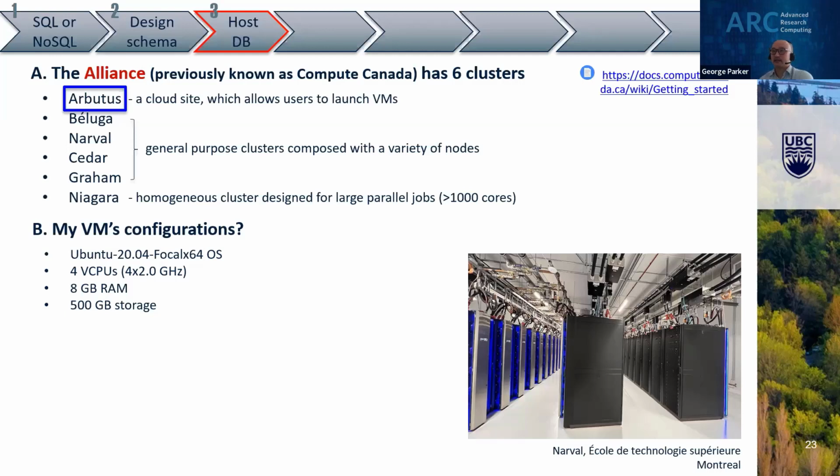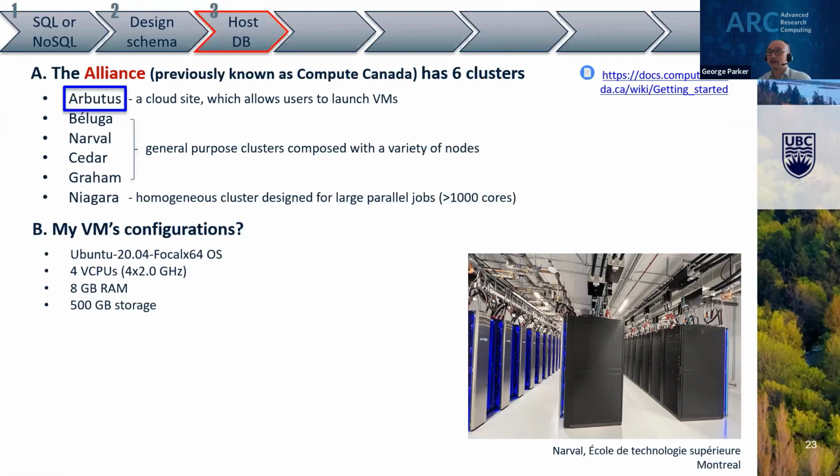And you may ask the question, hey, I don't know how many CPUs I want. I don't know how much RAM I want. I don't have any idea. I would recommend you start with 4 CPUs and 8 gigabytes of RAM, and that should be sufficient for your project.